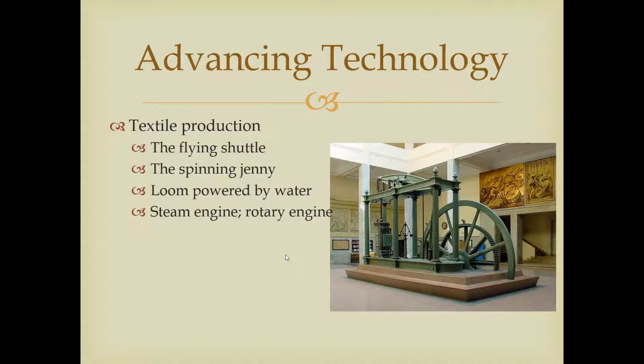And rotary engines are first used for manufacturing, and then pretty quickly after this they're going to be used for moving things and moving engines. So this begins the manufacturing revolution in England.